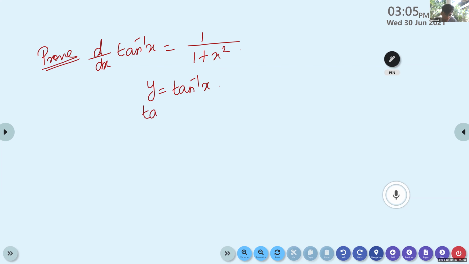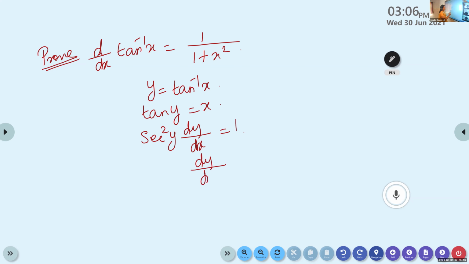Very good. Now next step we have to differentiate. What is the derivative of tan y? Sec square. Very good. It is sec square y into dy by dx is 1. Therefore, what is dy by dx? 1 by sec square y.